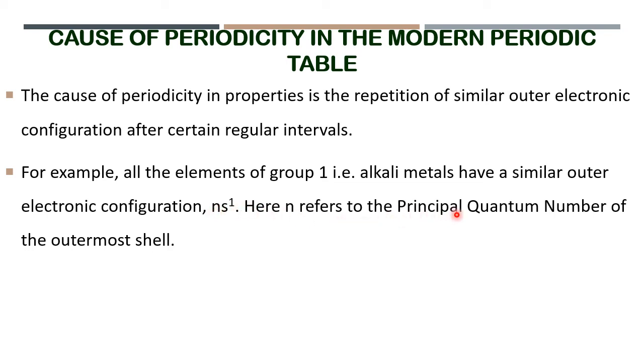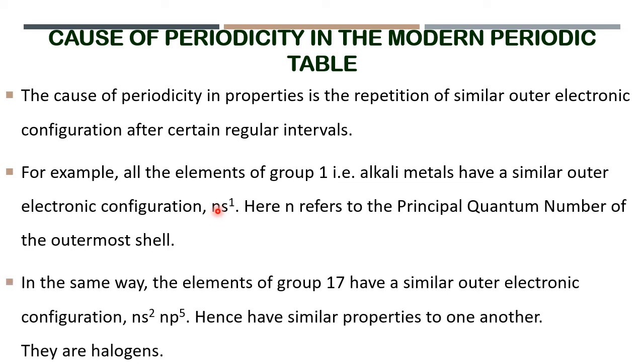Because they have the similar ns1 electronic configuration, the properties are similar in alkali metals. In the same way, the elements of group 17 have a similar outer electronic configuration, ns2 np5 in general, hence have similar properties to one another, and they are called halogens.